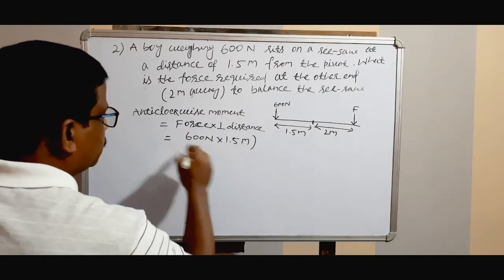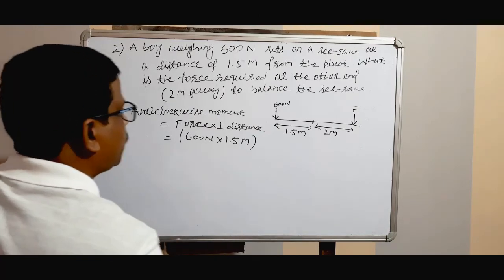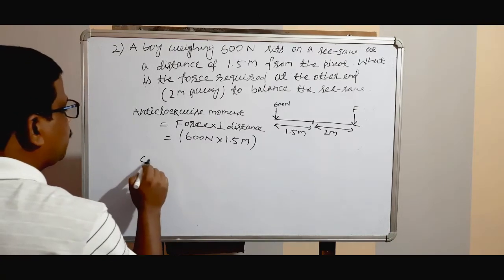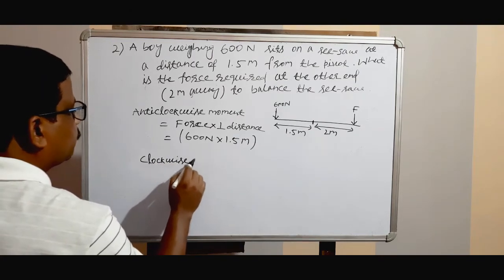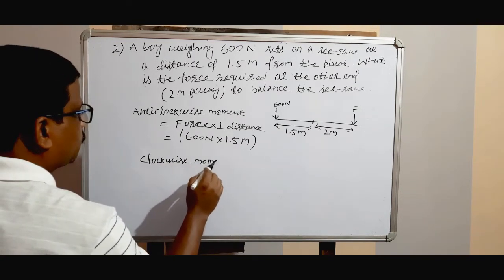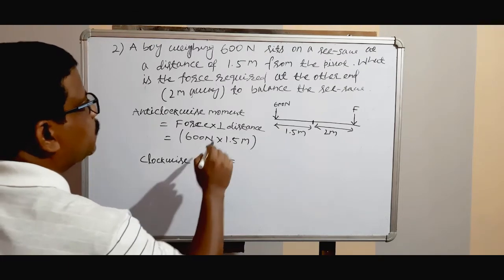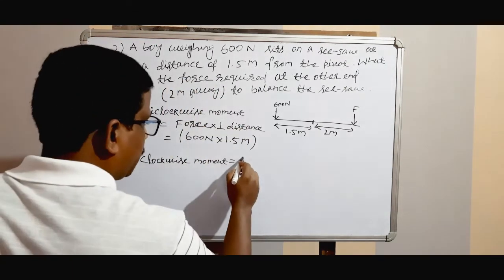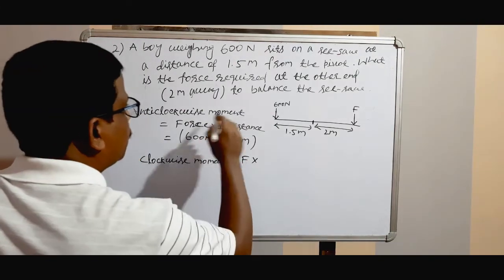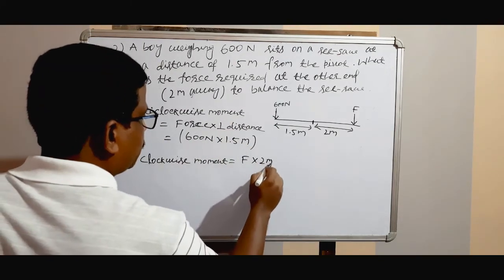You keep it like this. This is the anti-clockwise moment. Like this, the clockwise moment is force into perpendicular distance. Force is not given to you, let it be F into perpendicular distance 2 meter.